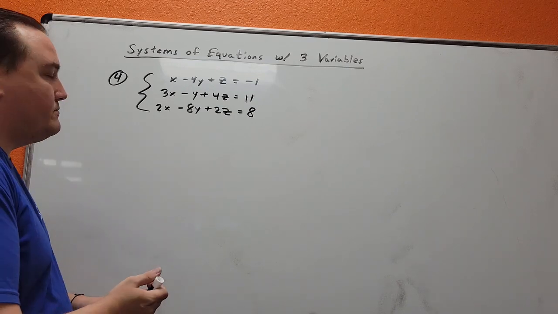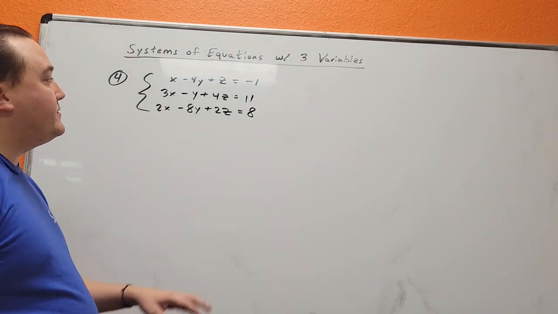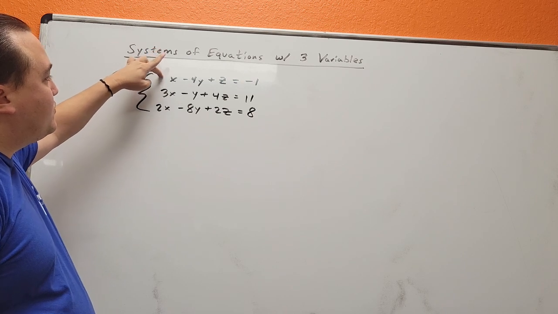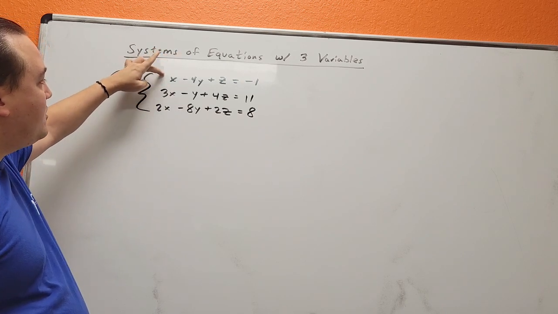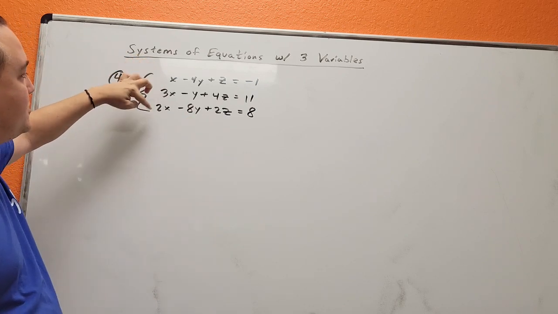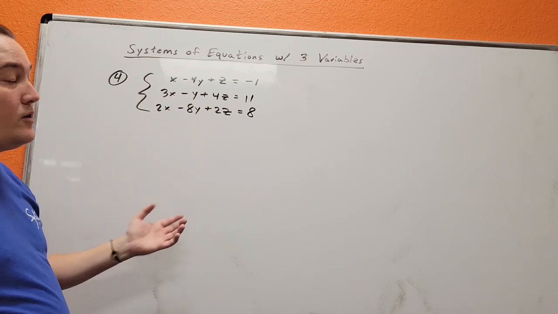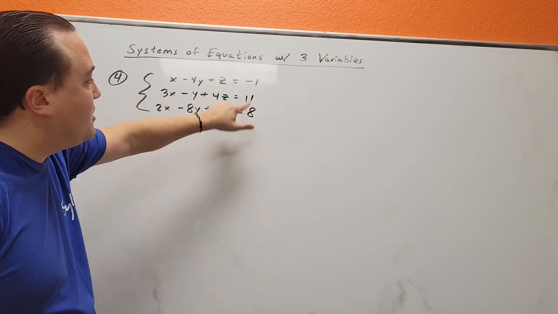Okay, number 4. So we'd probably use the same method to solve this one, but if you notice, equation 1 and equation 3 are multiples of each other for x, y, and z. So if I times this by 2, I get the exact same thing, which means those lines are parallel because they do not match on this side.